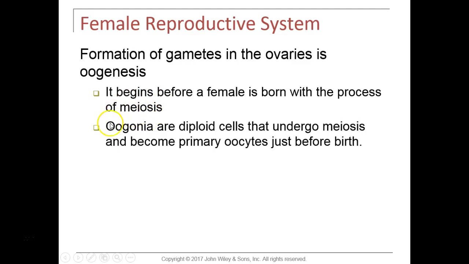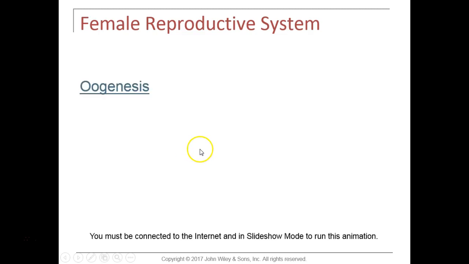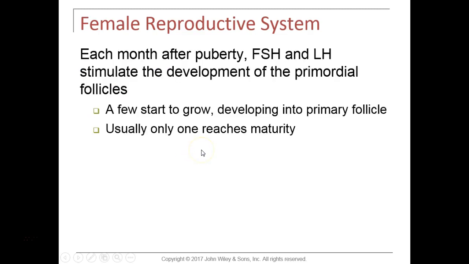And the oogonium cells, or oogonia plural, are diploid, and they will develop into a primary oocyte, which is also diploid. The primary oocyte is the cell that will develop into the secondary oocyte that will be ovulated on the 14th day of a regular 28-day cycle.